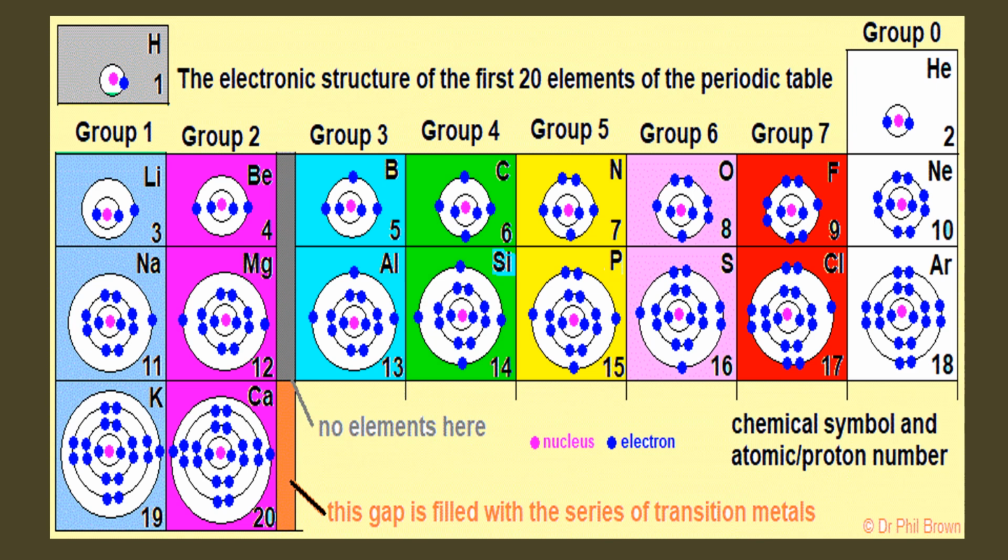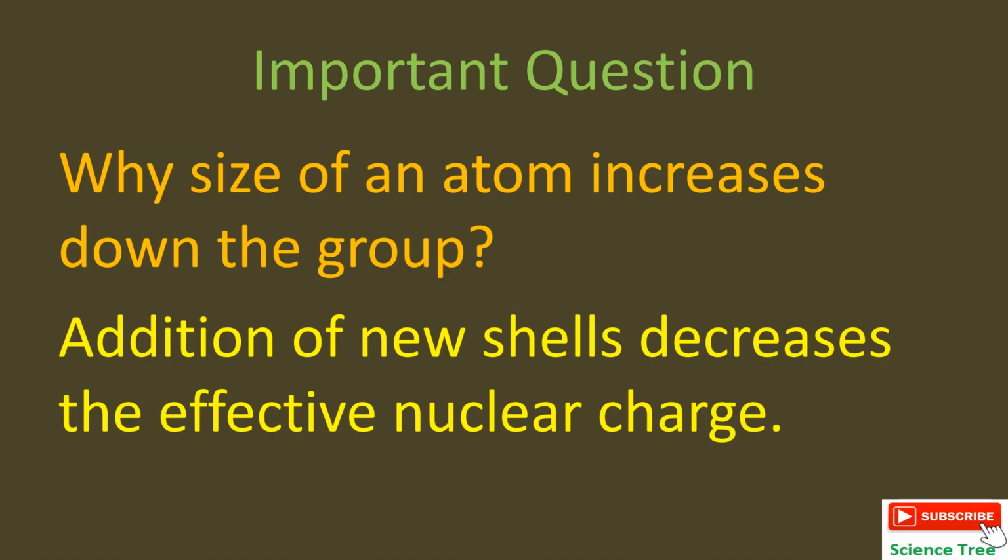If I talk about vertical columns, atomic number is increasing. So why does the size of an atom increase down the group? Due to the addition of new shells. Definitely when a new shell comes, it will take more place and the size of an atom will increase.